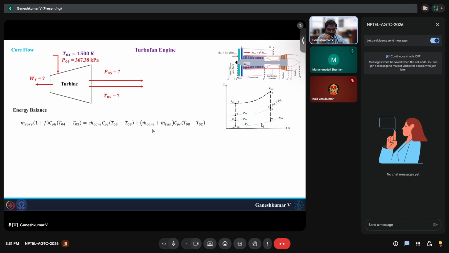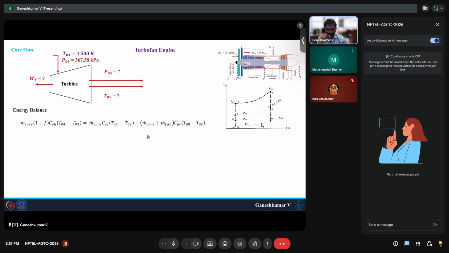Okay, so that's why you write it as m dot core plus m dot fan, CPC times T08 minus T02. Okay, so that's the temperature change across the fan. So this is the change in the energy balance you have to do. Work extracted by the turbine is equal to work done in the compressor plus work provided to the fan.